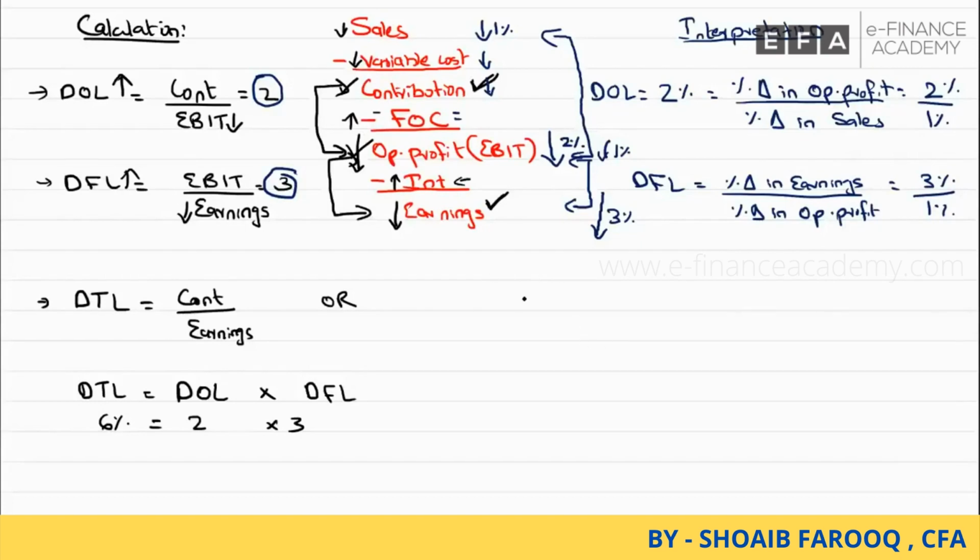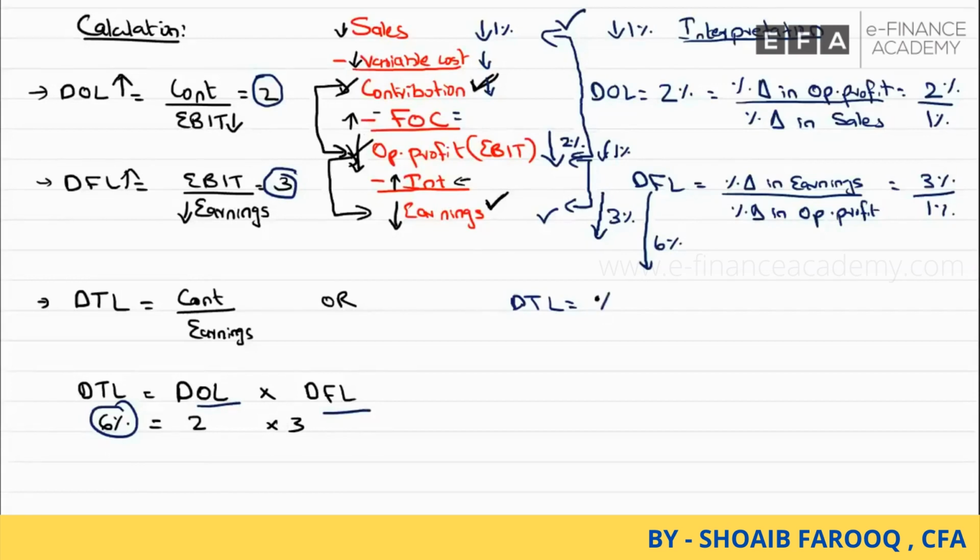When we speak about the degree of total leverage, which was 6, how do we interpret our total leverage? Well, we start right from the top and end at the bottom because we're trying to assess the impact of total fixed cost, which is fixed operating cost and fixed finance cost. For a degree of total leverage, if sales drop by, let's say, 1%, that means your net earnings will drop by 6% because of fixed operating cost and fixed finance cost.